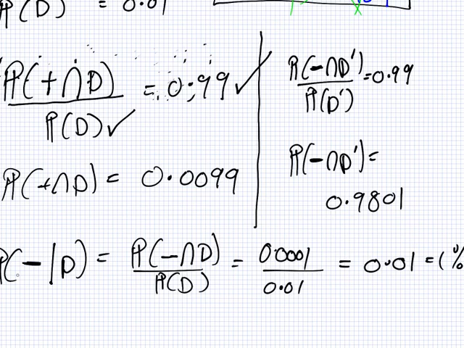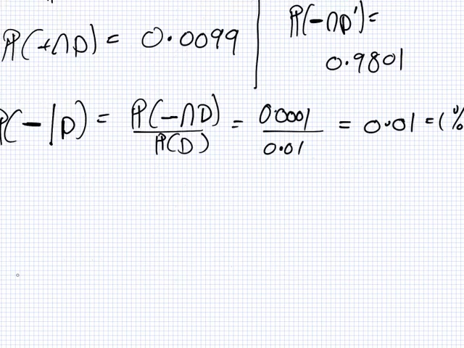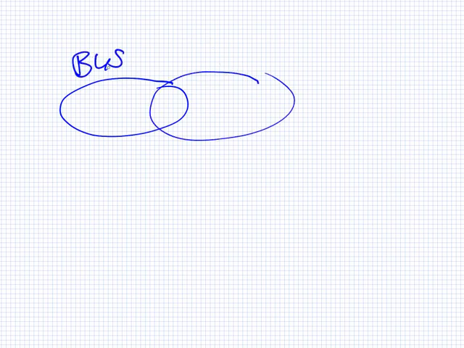So let's have a look at question 1 here. The probability a student takes the bus to school is 0.8. So I'm going to look at this as two sets again. Bus. The probability that the student will be late for school, so they can have bus and being late.